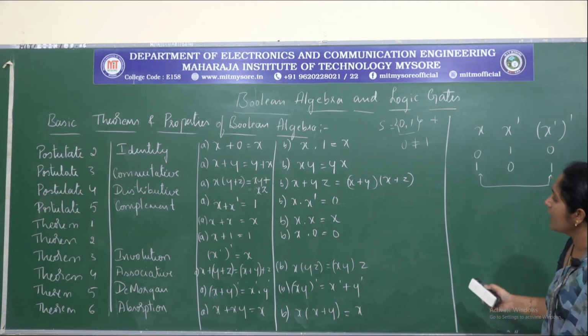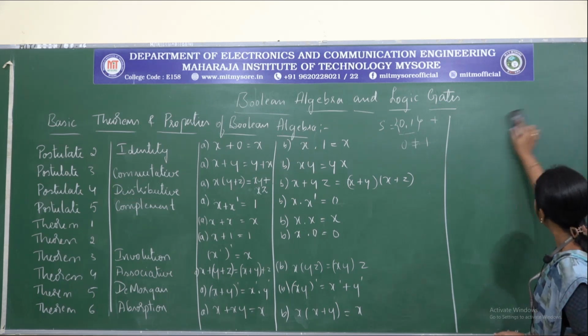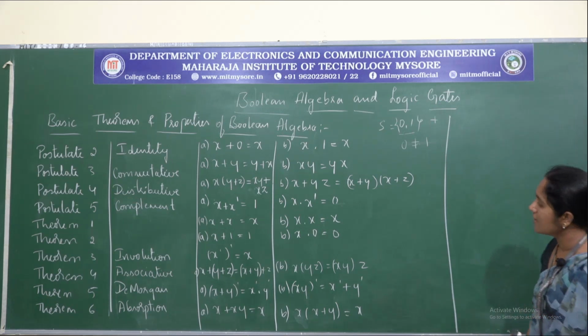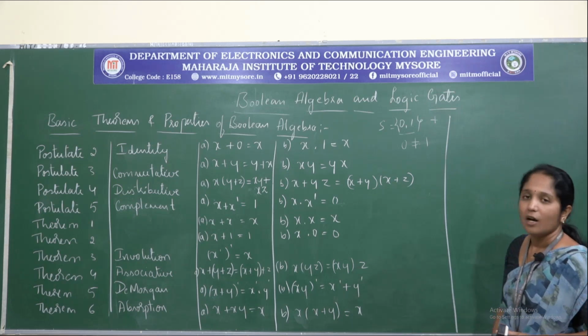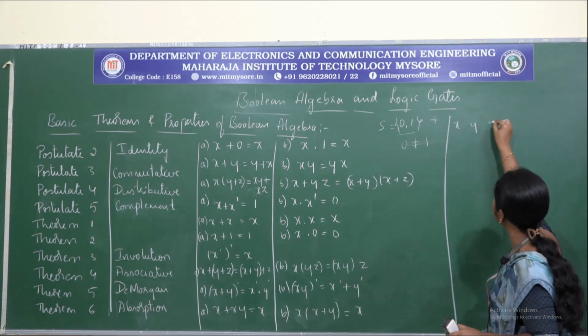Next we have associative law. So in associative we have x plus of y plus z, which is equal to x plus y, plus z. So let me consider 3 variables for that.